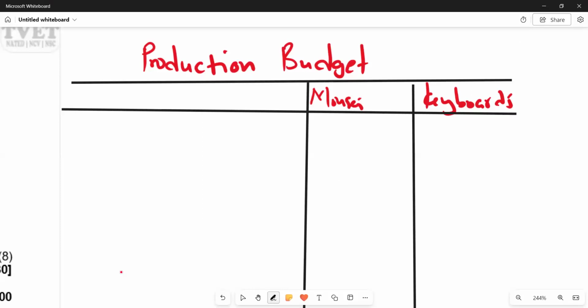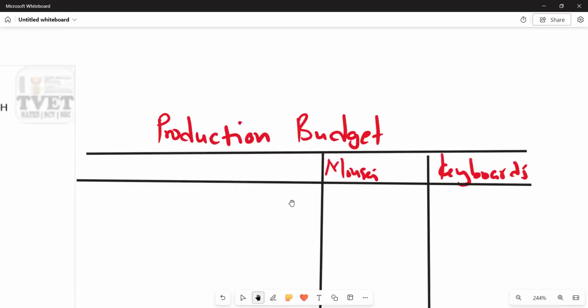This is our production budget, with a column for mouses and keyboards. What we are going to do is calculate the units to be produced.